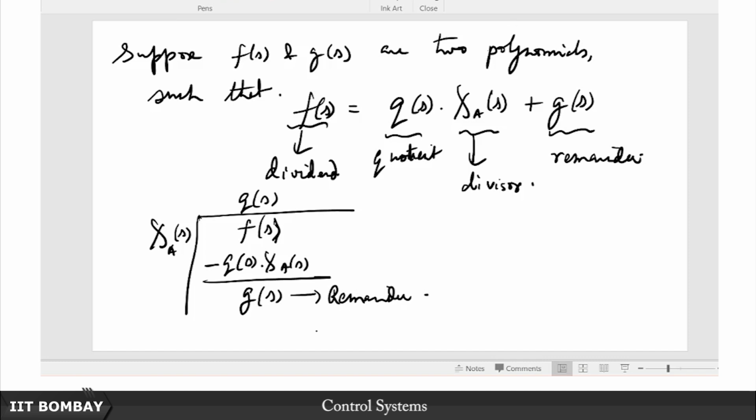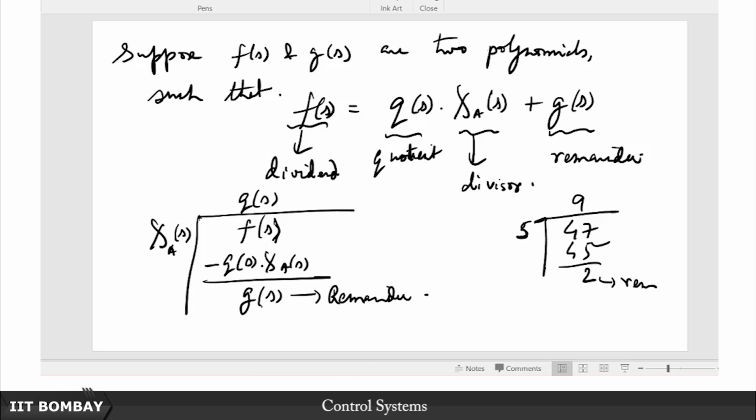So what is the property of the remainder? Recall that you would have continued dividing until the degree of the remainder becomes strictly less than the degree of the divisor. It is just like dividing numbers. You take for example 5 and you divide 47, so then you get 5 9s are 45 and you stop the division at this stage because the remainder has a value which is less than the divisor. So no longer can you divide this remainder by the divisor and get an integer, that is why you stop.